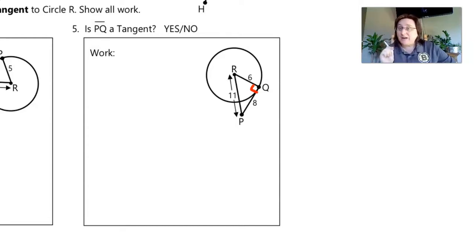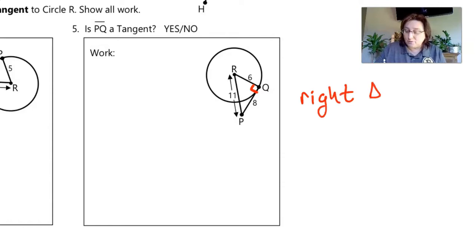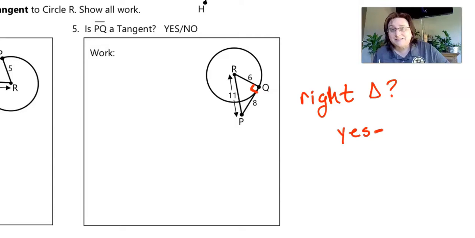So if they are perpendicular, then this particular triangle PQR would be a right triangle. So we're going to test and see, do we have a right triangle? If we do, then yes, the line is tangent. But if we don't have a right triangle, then the line is not tangent.